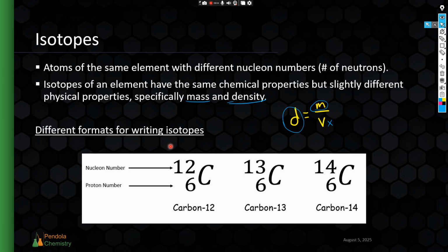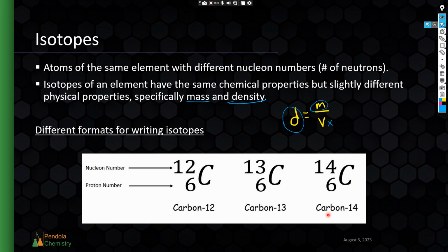So there are two main formats for writing isotopes, and you have to be given this information because the format in which we write the isotopes is where we find the nucleon number or mass number. For example, carbon has three different isotopes. There's what we call carbon-12, carbon-13, and carbon-14.